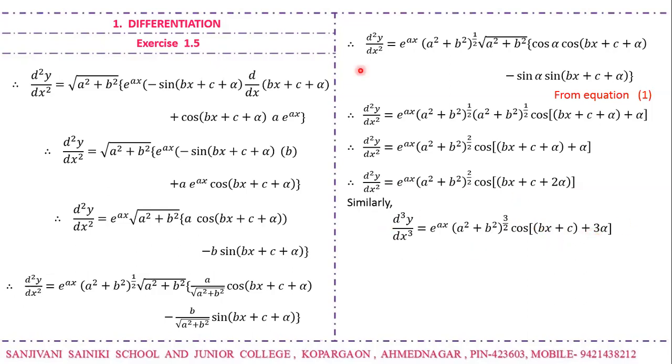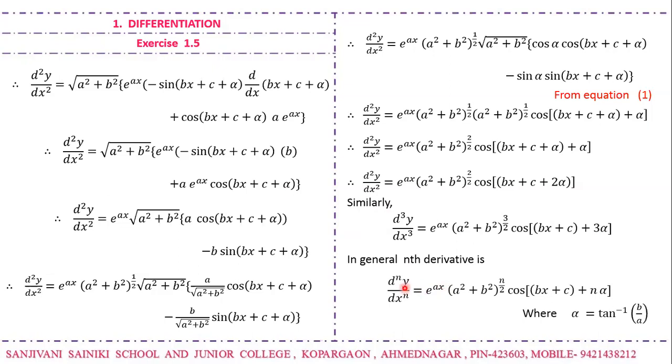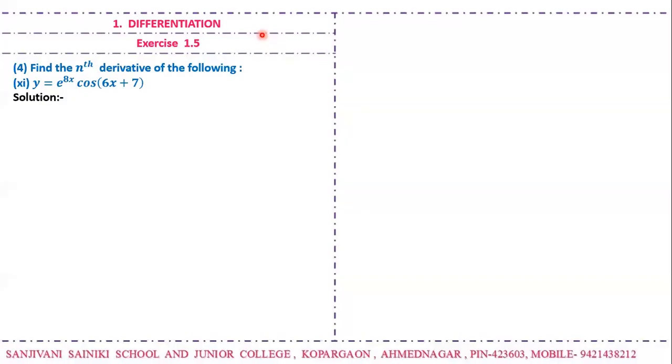So from this I can generalize, and I will write the nth derivative as d^n y by dx^n is equal to e raised to ax [a square plus b square] raised to n by 2 cos of bx plus c plus n alpha, where alpha is tan inverse of b by a. This is the nth derivative of the given function.